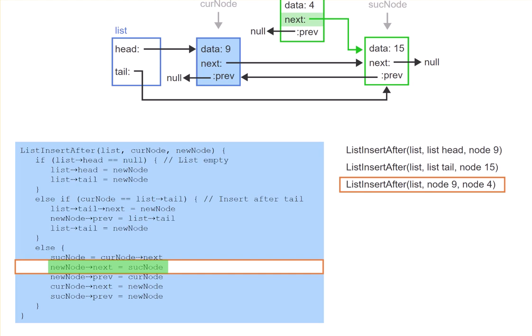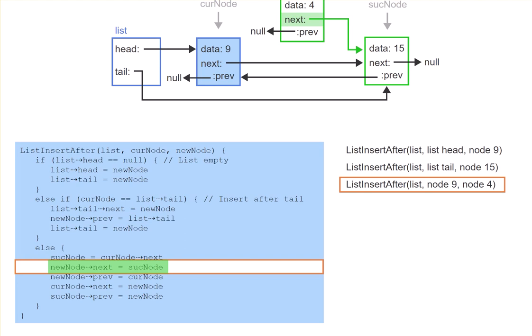The new node is inserted after the location with the data value 9 node, and the next pointer of the new node is assigned to the existing successor node, which has a data value of 15.